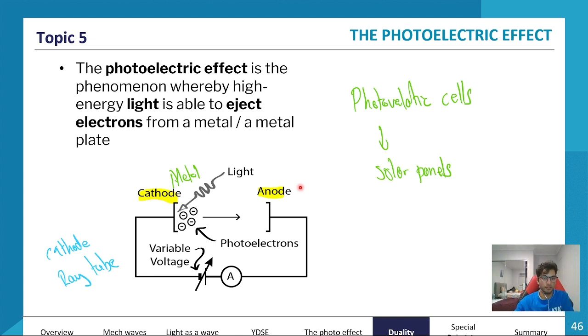The reason is that the electrons have to travel from the left side to the right-hand side, and that can only happen if the anode is positive and the cathode is negative. And again, in chem, it will be the other way around. So that's why you don't want to mix up chem and physics.